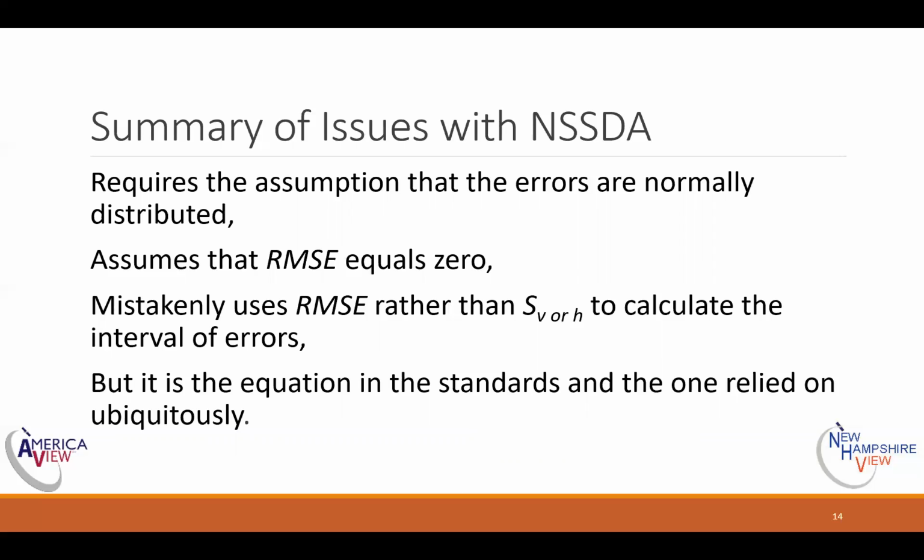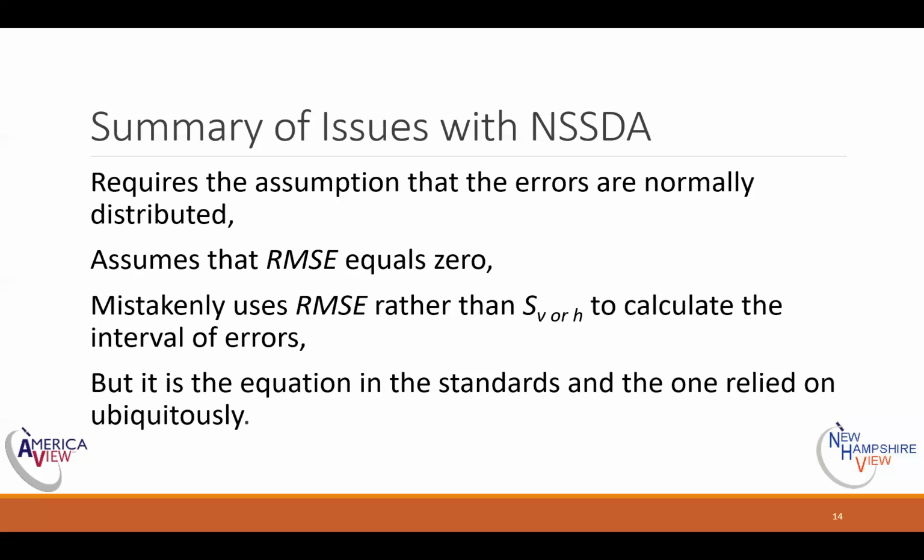So this is the equation that's used in the standards and the one that's relied on ubiquitously. It's the one that's used in the United States. So you do have to understand this. You will see lots of reports that show the NSSDA and that the value of NSSDA is such and such, and then the report shows that the map itself has errors less than NSSDA, and therefore it's okay.